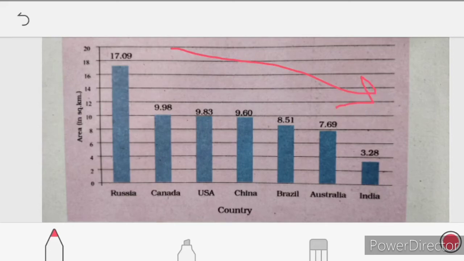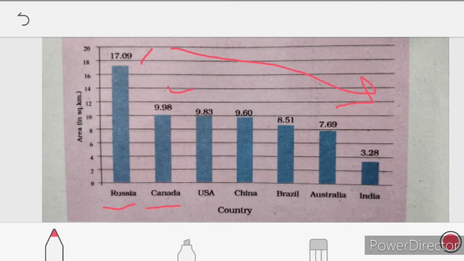The first and largest country of the world is Russia, found in the continent of Asia. Its area is 17.09 million square kilometers. The second country, Canada, found in North America, has an area of 9.98 million square kilometers.